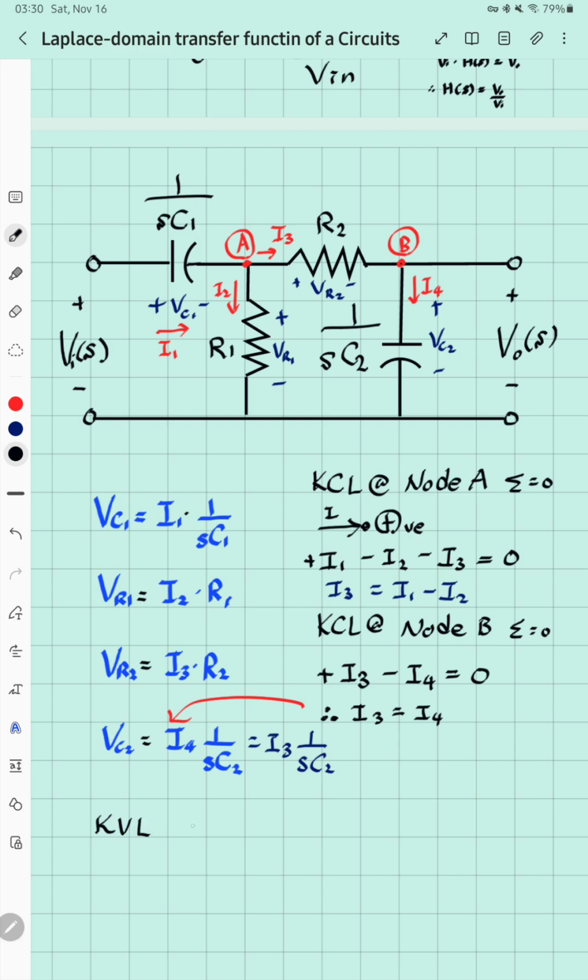KVL around the loop. So R1, R2, and that was 1 over SC2.